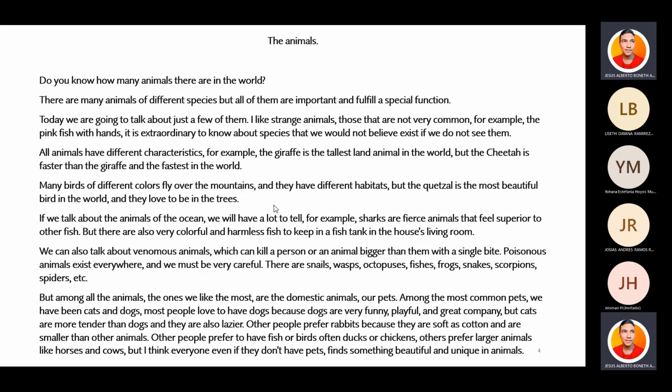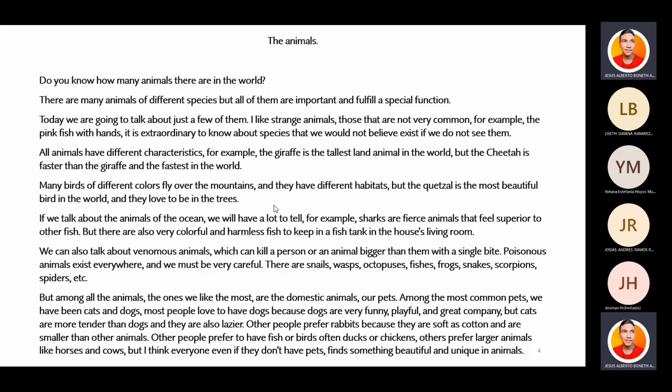Most people love to have dogs because dogs are very funny, playful, and great company. But cats are more tender than dogs and they are also lazier. Other people prefer rabbits because they are soft as cotton and are smaller than other animals.